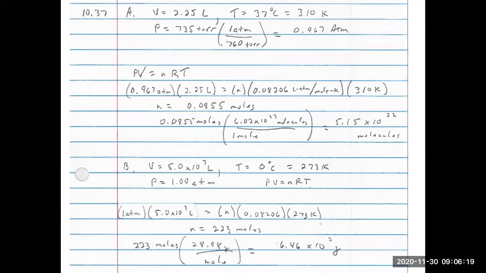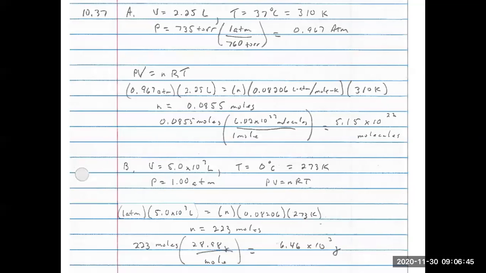So if you have 223 moles and you want to get to grams, because in this question, they're saying calculate the mass of air. So mass of air tells us they want to know how many grams of it. But they also gave us a clue in that they said the average molar mass is 28.98 grams per mole.